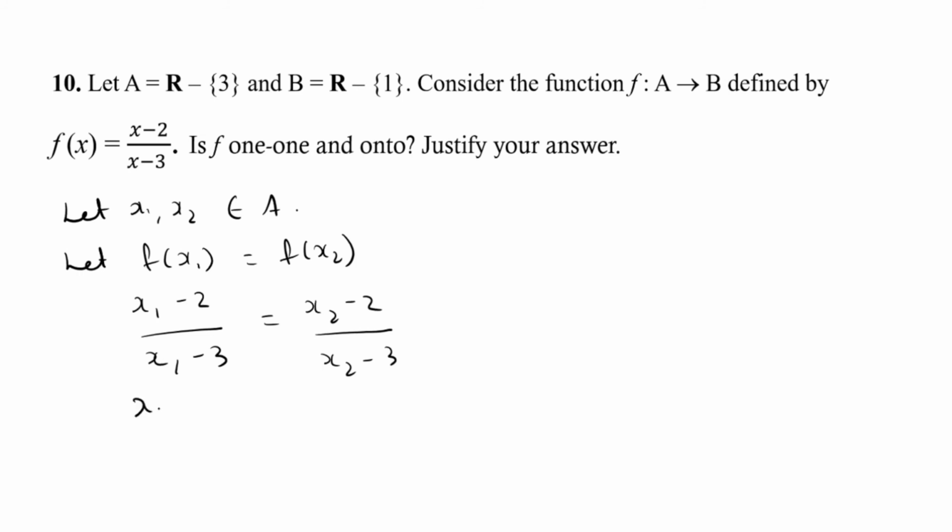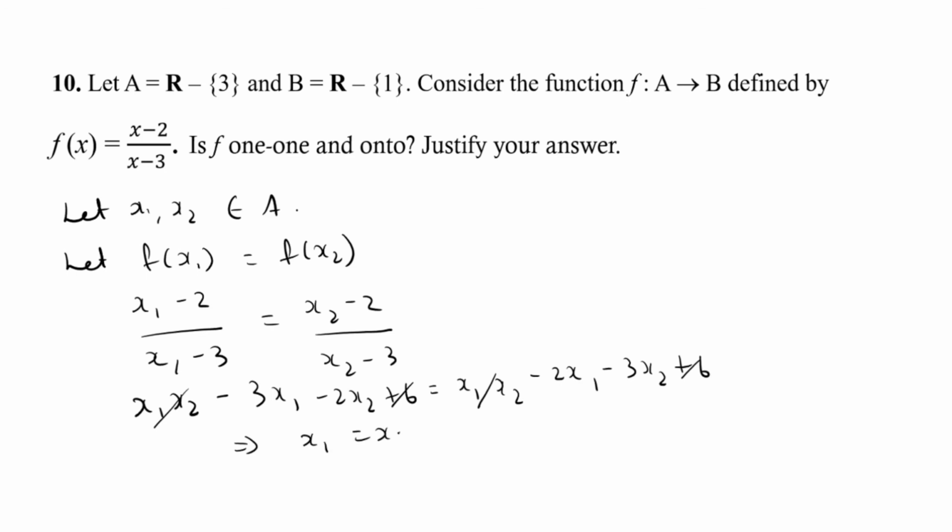So we get x1x2 - 3x1 - 2x2 + 6 is equal to x1x2 - 2x1 - 3x2 + 6. So this 6 will cancel out and we get x1 is equal to x2, therefore f is 1 to 1.